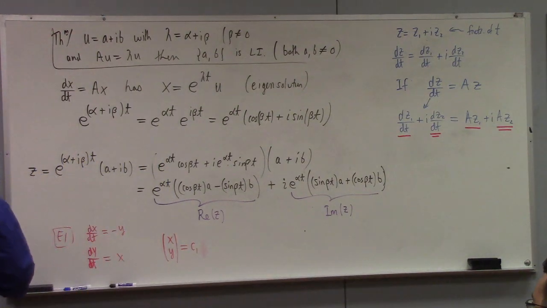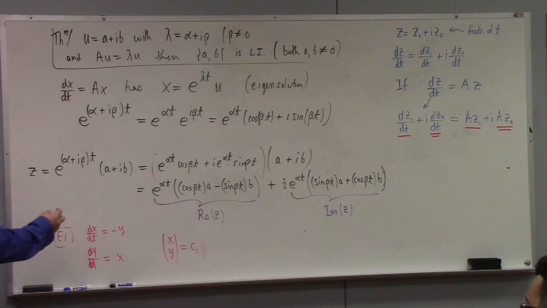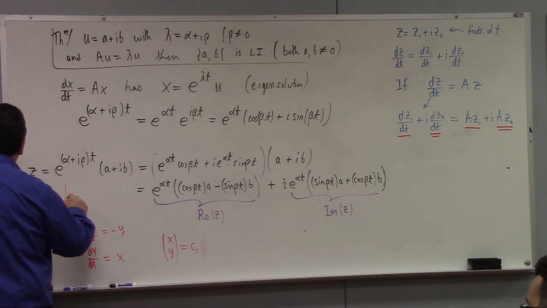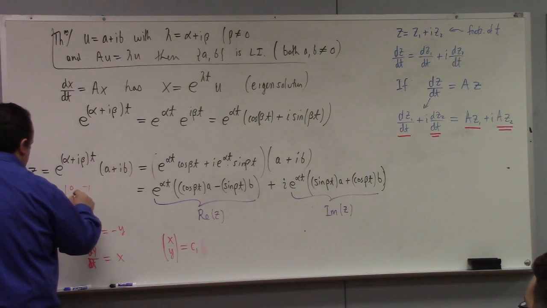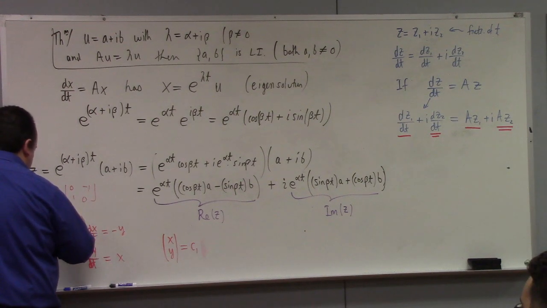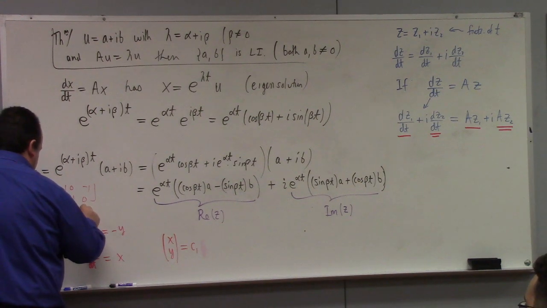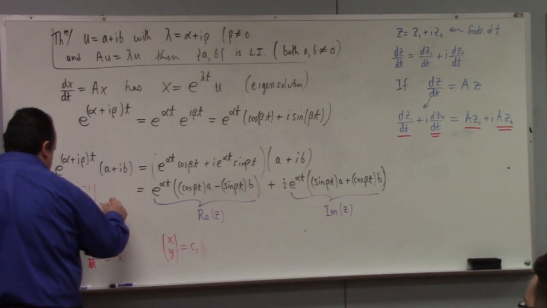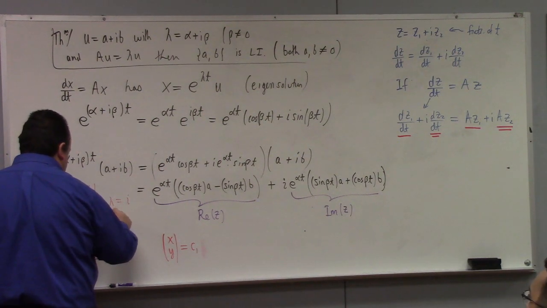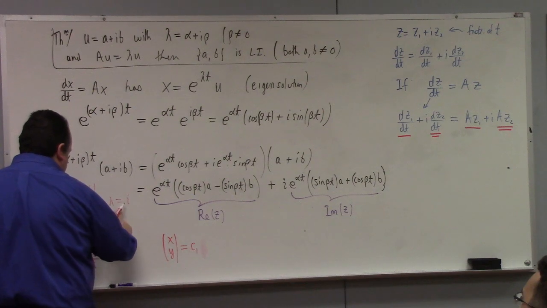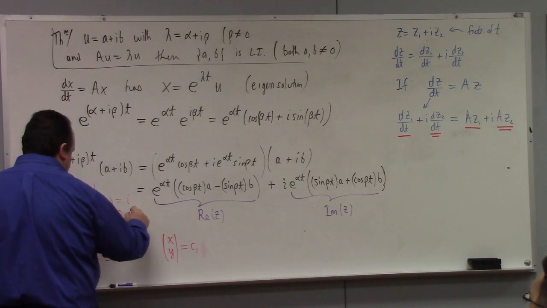So in this example, we had A equals 0, minus 1, 1, 0. We found that lambda was plus or minus i. So I'm just going to choose lambda equals i, identify alpha equals, wait a minute, not 1, alpha is equal to 0, beta is equal to 1.